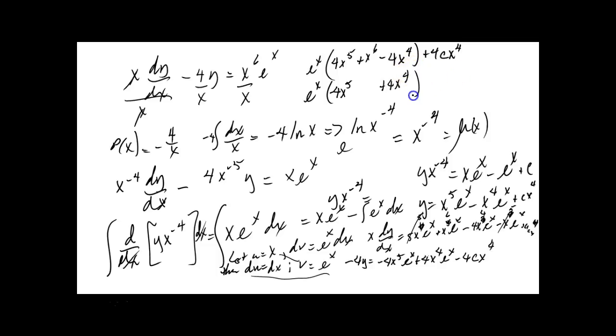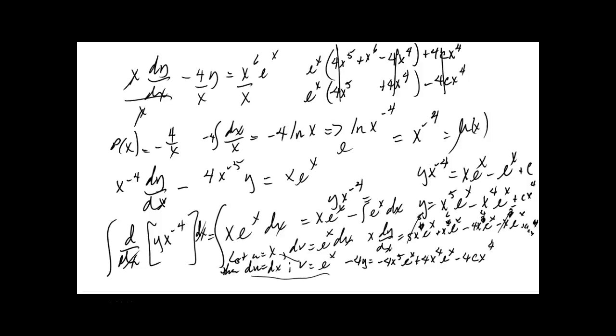And then out here, those are the only ones that e to the x is in. You have a minus 4c x to the fourth. Look at that. So this term goes away, that term goes away, that term goes away. What are we left with? x to the 6th, e to the x, and that's the right-hand side of your equation.